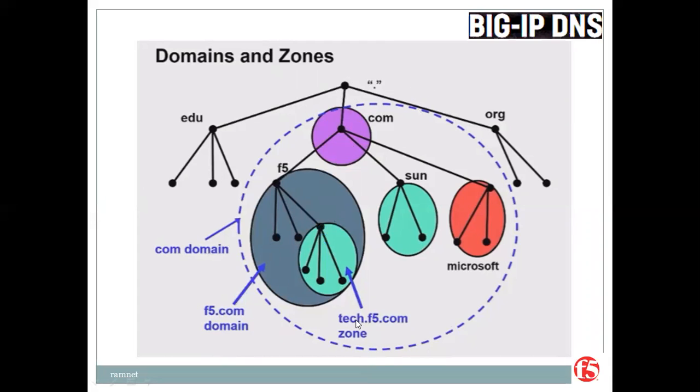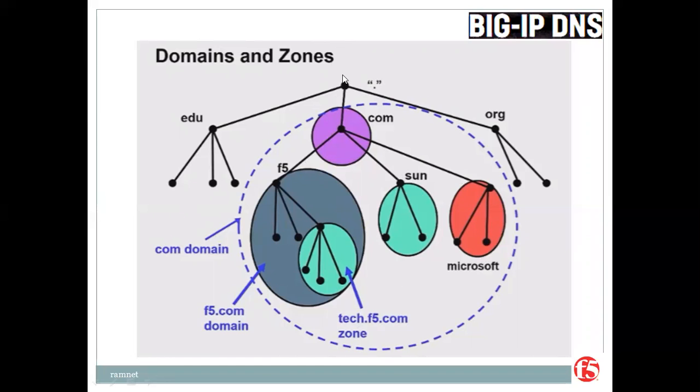Under that, there is one more zone. I'm creating tech.fi.com. That is called a domain. This is tech, this is fi, this is com. Like that, sun.com, Microsoft.com. This is called domains and zones. Very simple to understand. The root is staying there.